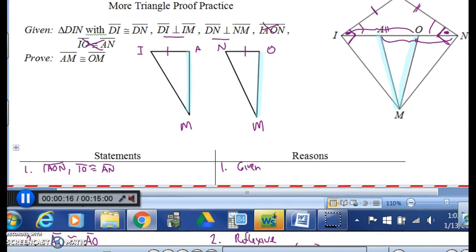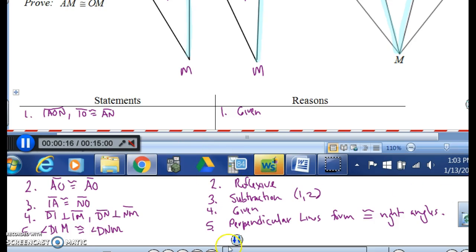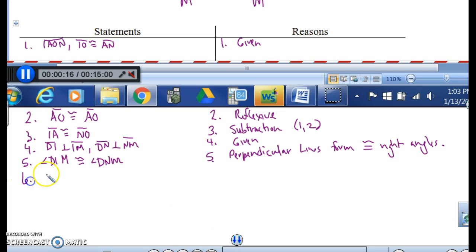So let's do that. The given that I'm working from was in triangle DIN, DI was congruent to DN. So that gives me a given. And from that, since in the triangle these two sides are congruent, the base angles are congruent.